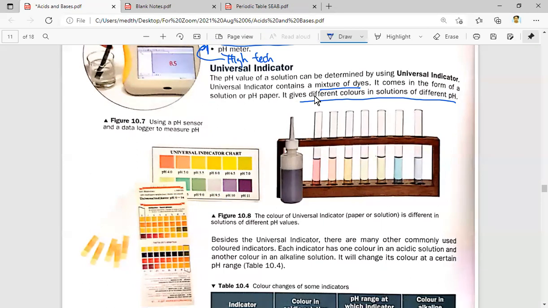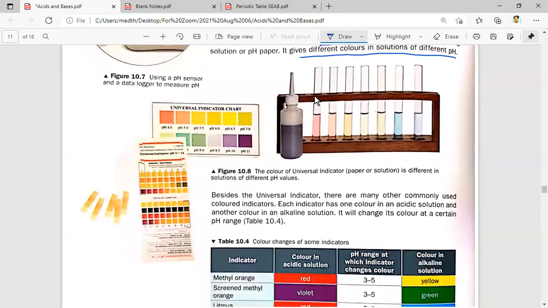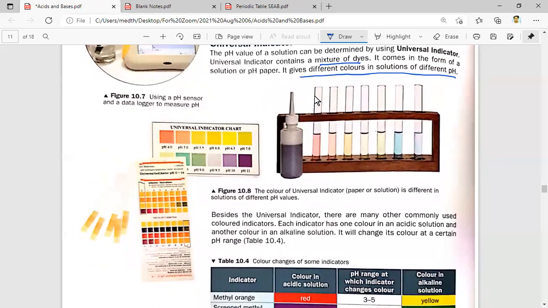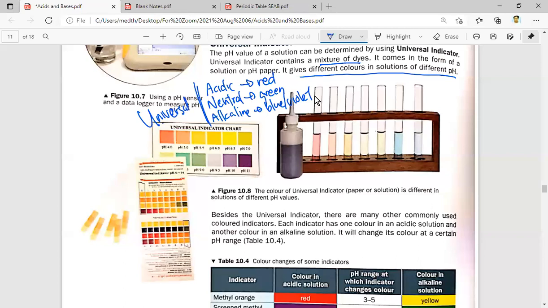So for universal indicator, I just need you to take note that acidic, we will typically see red. Neutral, we will typically see green. And alkaline, we'll typically see blue or violet. So remember this color scheme. This is the color scheme for universal indicator that you need to take note of.